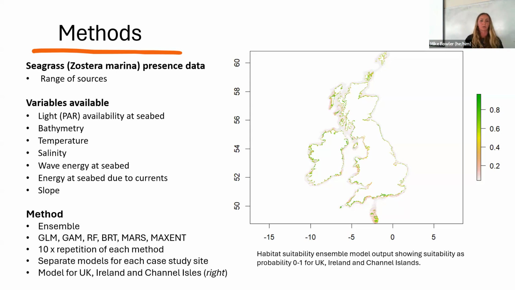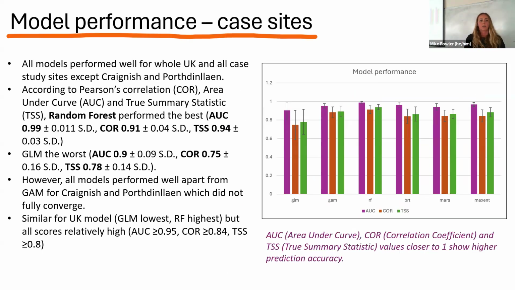And then we created a model for the whole of the UK, as well as separate models for the different case study sites to do a bit of a comparison. So model performance for our case study sites: they performed well as a whole for the UK and the different smaller sites. Two sites we found didn't perform so well, or some of the algorithms wouldn't converge, for a few different reasons.